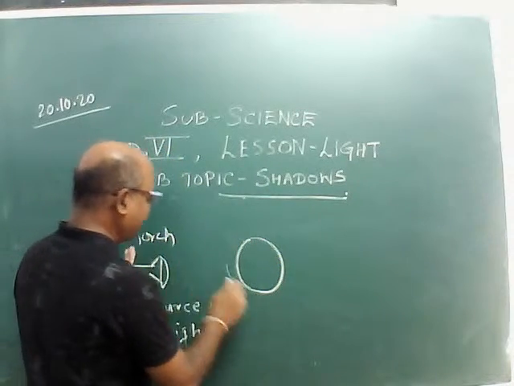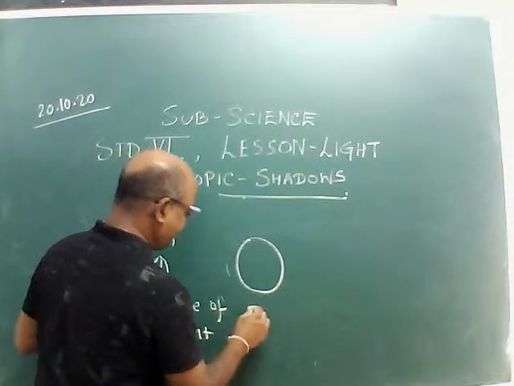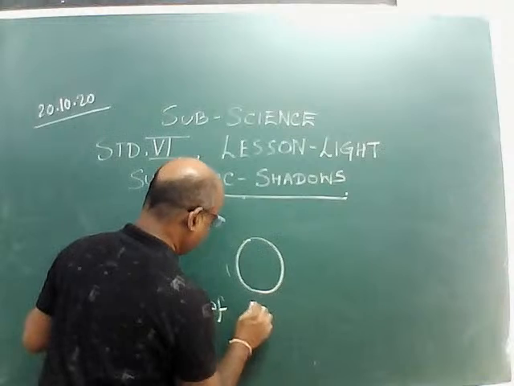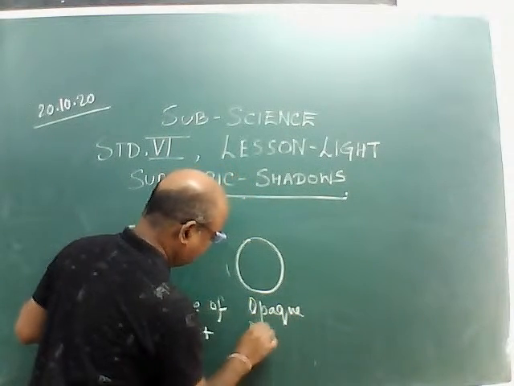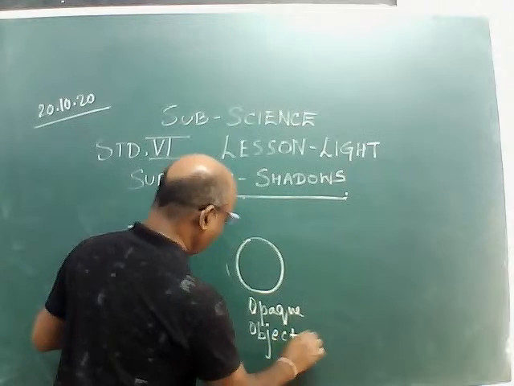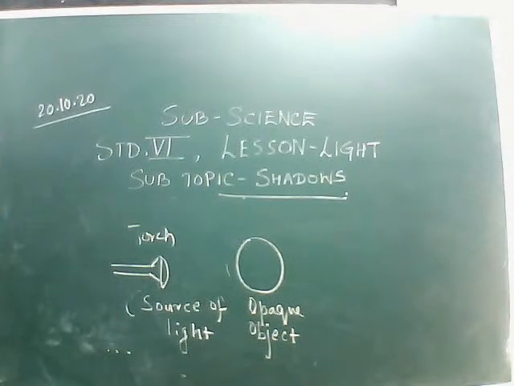Now if you increase the distance between this opaque object and the source of light, what will happen to the shadow? Will the shadow become small or big?